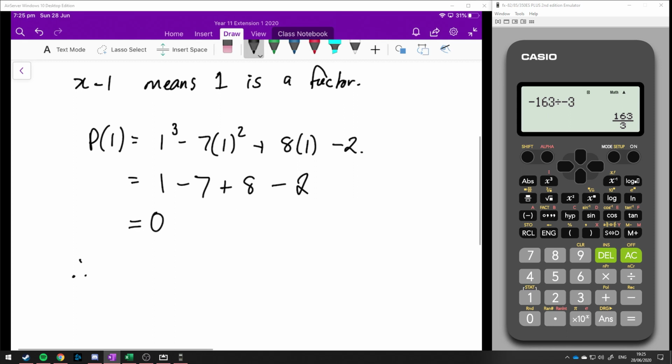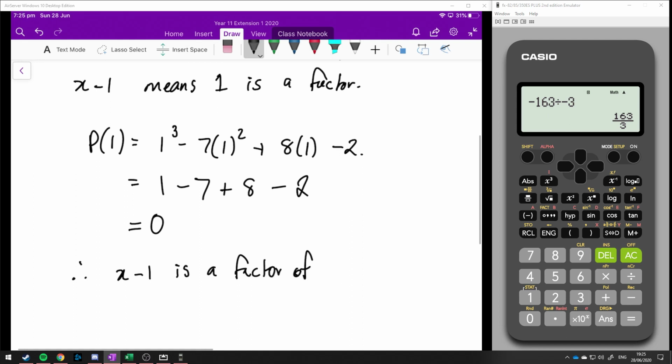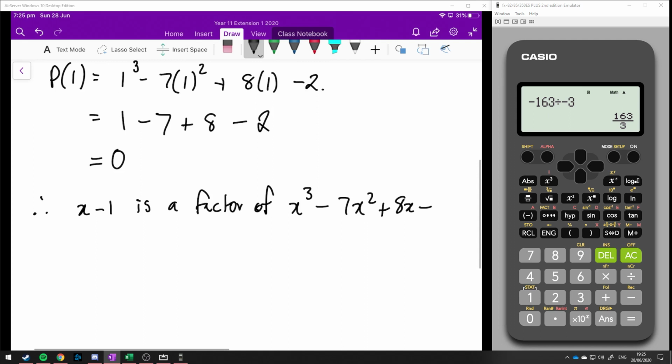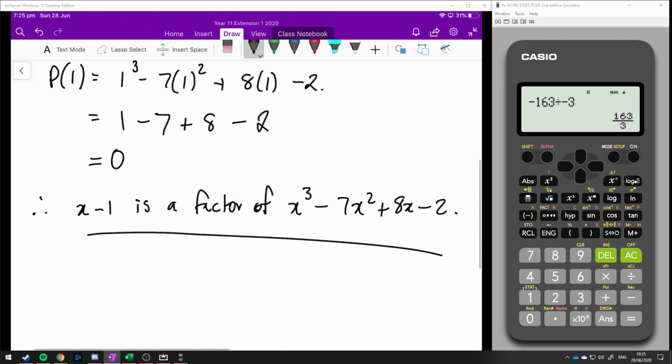So therefore, x minus 1 is a factor of x cubed minus 7x squared plus 8x minus 2. Okay, and that's it.